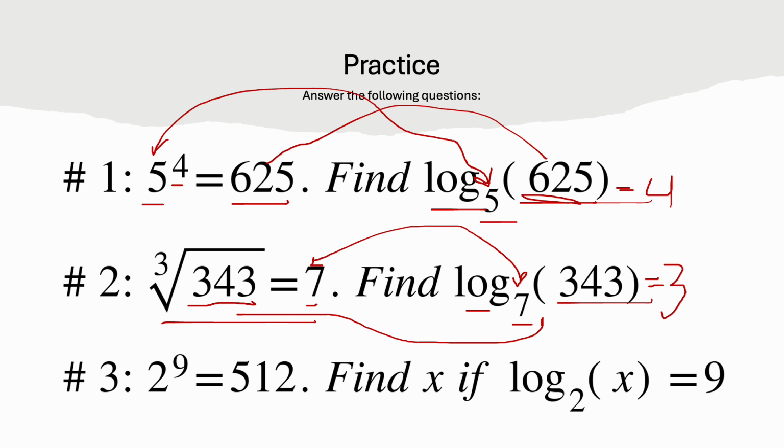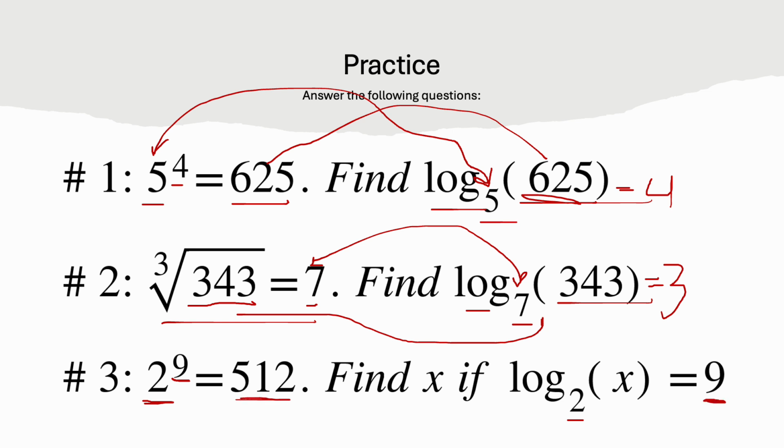Now this one's a little bit different, but you guys got it. 2 to the 9th is equal to 512. Find x if log base 2 of x is equal to 9. Here the bases are matching again, they're both 2. And we have 9 in the exponent spot, which is equal to the exponent, also 9.